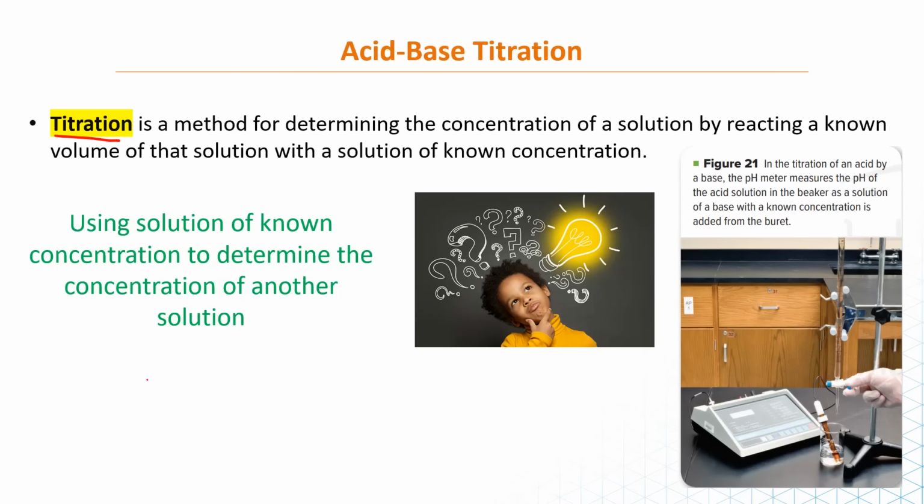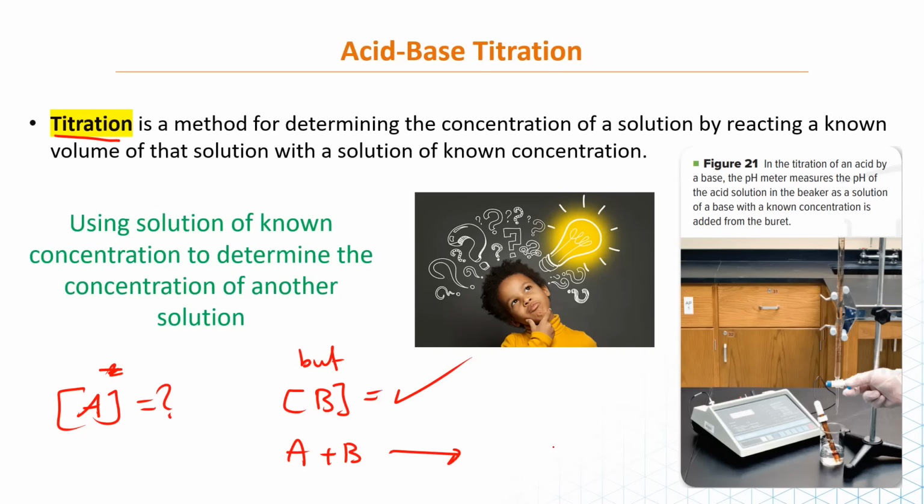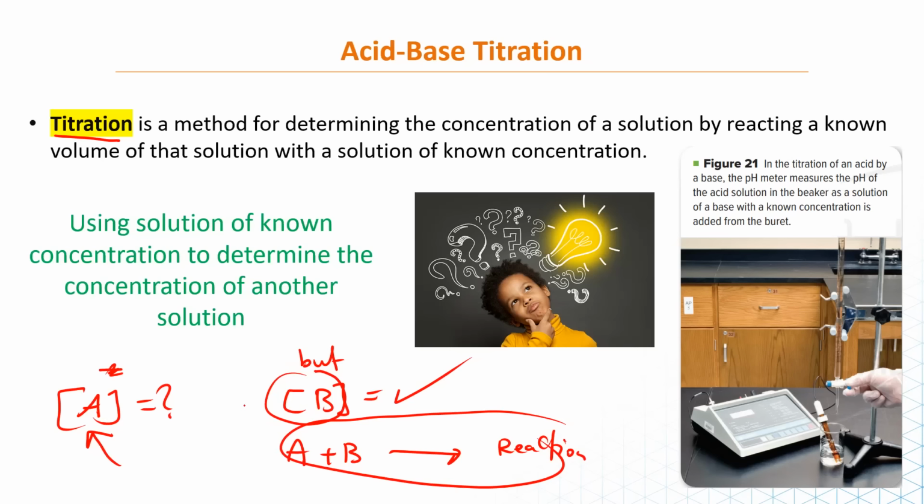Meaning, imagine I have A, and I don't know the concentration of A. But I have B, and I know its concentration. So I will do A plus B, I'll make them react. A reaction happens here, right? This way we can determine the concentration of A, by making it react with another substance whose concentration we know. Okay?